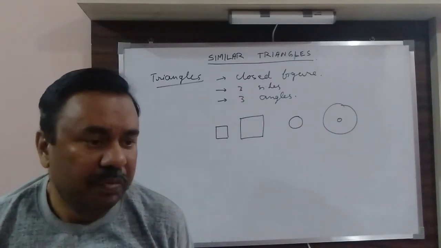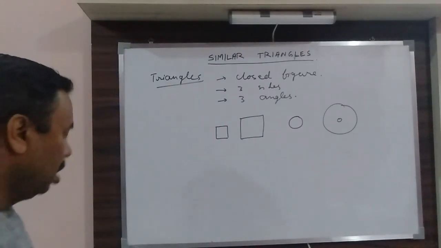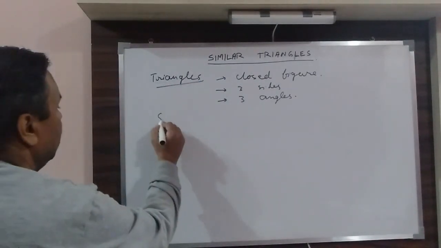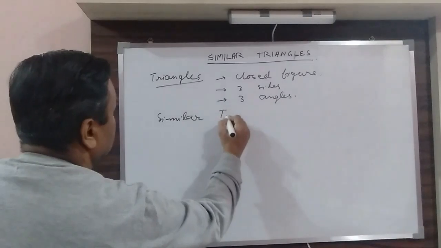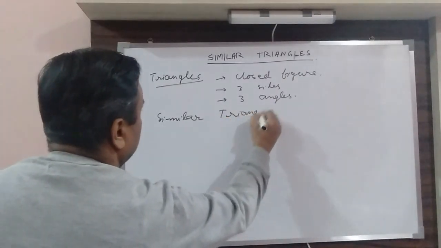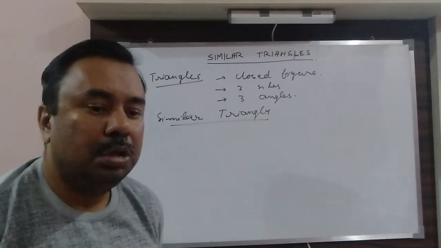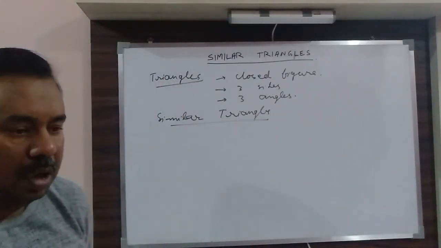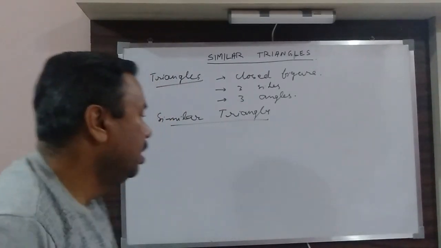In this chapter, we are specifically discussing the triangles. Now, what are similar triangles? It means you have got two triangles that are similar in shape.